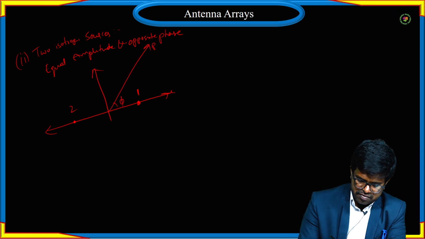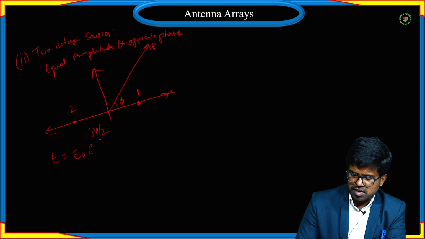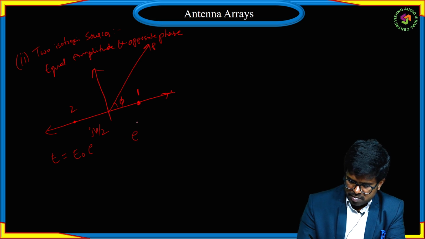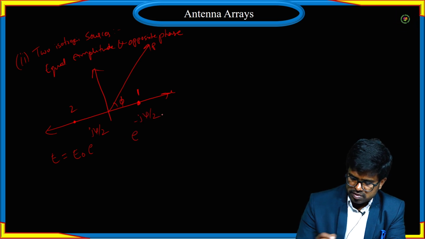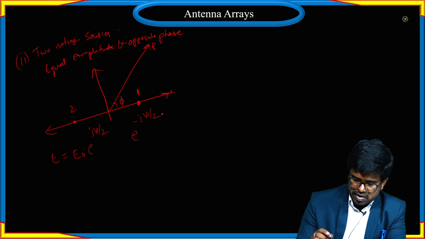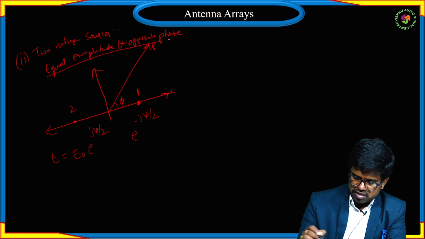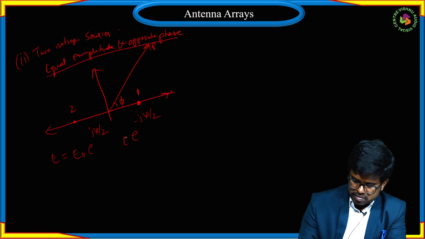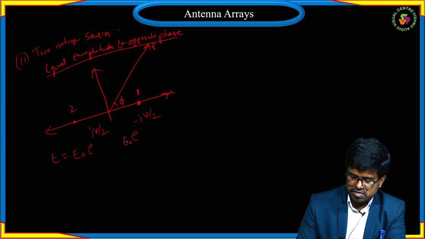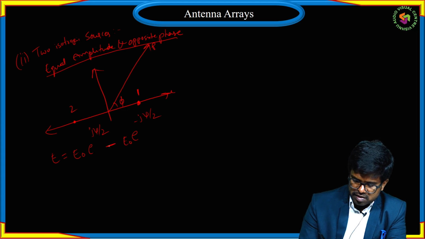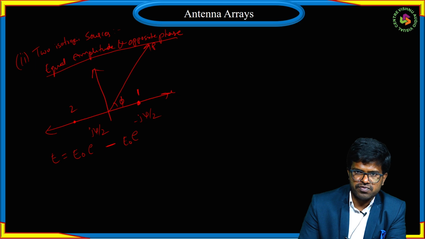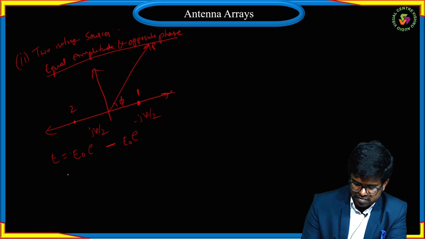Then the field equation will come like this: E naught e power j psi by 2. This is due to the first component. And coming to the second component, E naught e power j psi by 2. There we are taking the case where both have the same amplitude but opposite phase. Opposite phase means here we will take minus. One of the field components we will take with opposite phase. Then we will see what will happen.